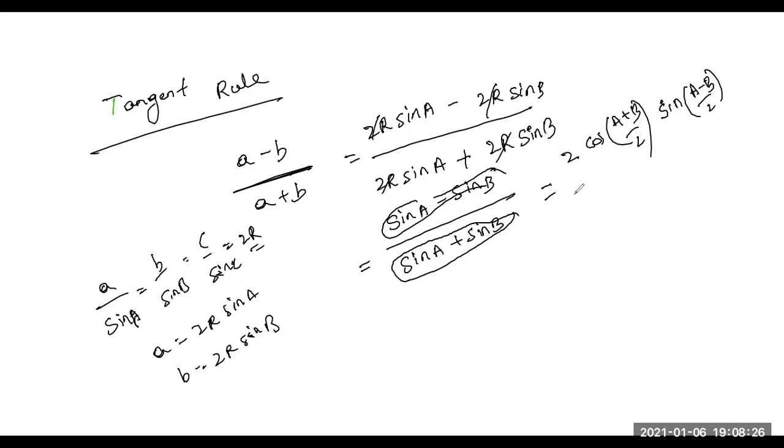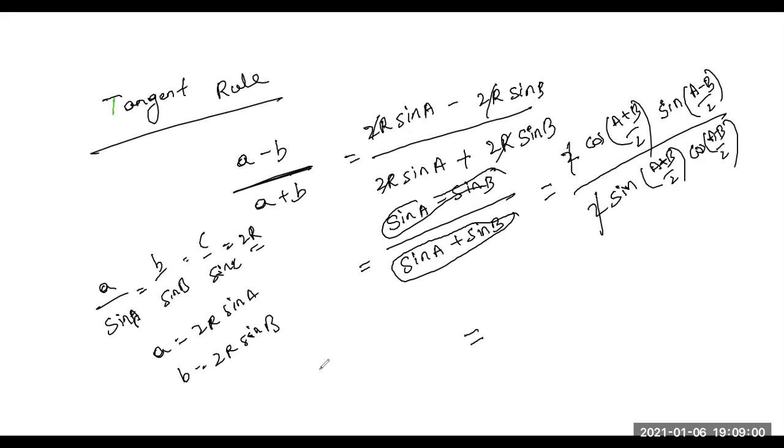And sine a plus sine b is 2 sine (a plus b) by 2 cos (a minus b) by 2. Here 2 and 2 will get cancelled. So you can divide sine and cos.